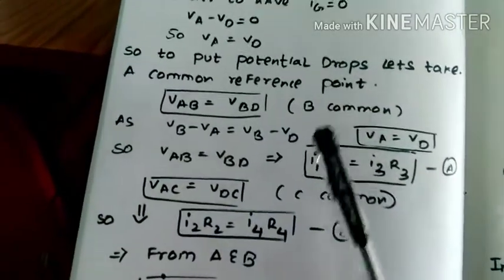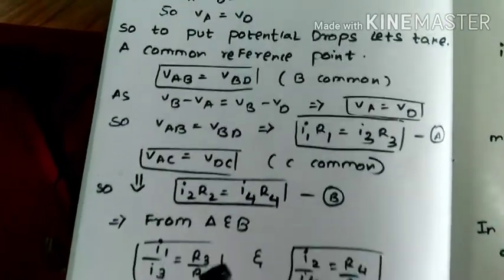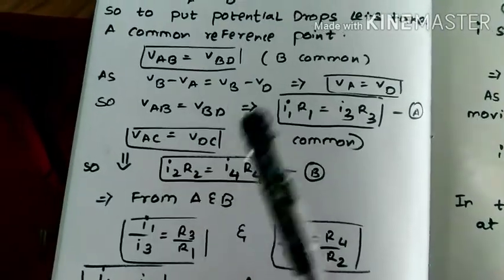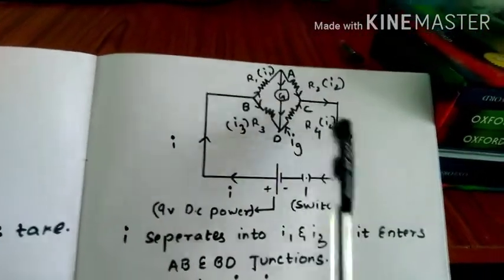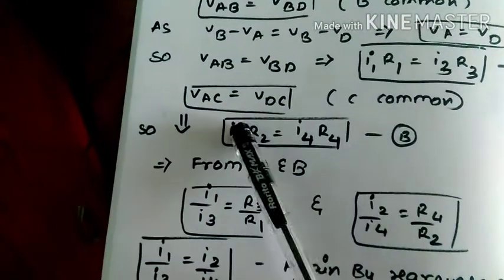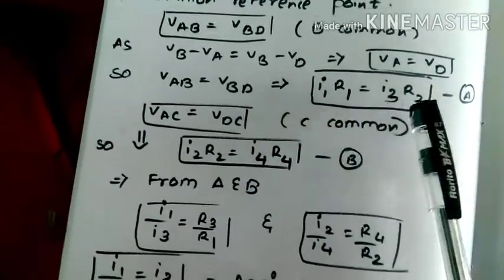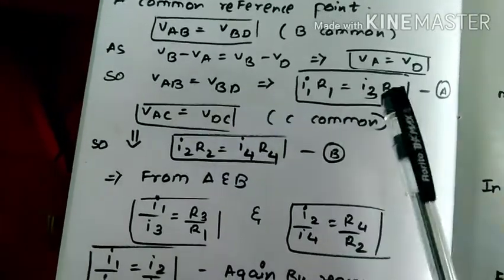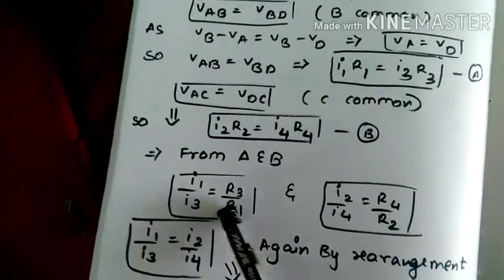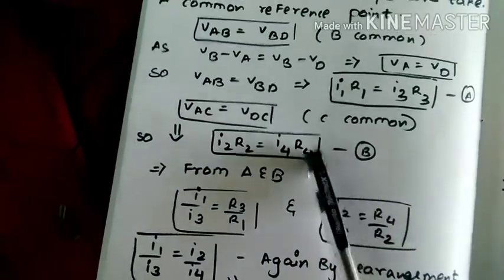In the same way, when we select C as the common reference point, we get VAC is equal to VDC, that is I2 R2 is equal to I4 R4. So by dividing and rearranging both equations, we get I1 by I3 is equal to R3 by R1 and I2 by I4 is equal to R4 by R2.